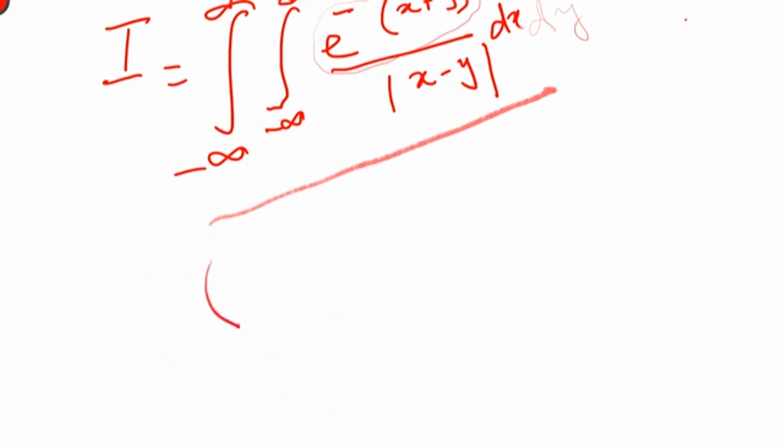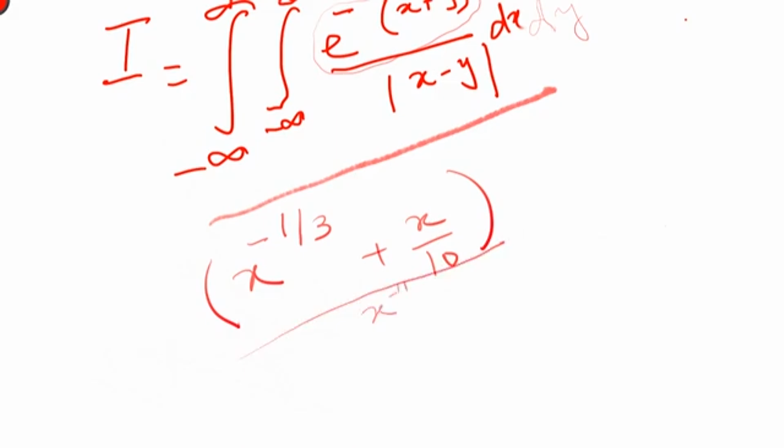The function is of the form x to the power minus 1/3 plus x by 10. If I divide this function by x to the power minus 1/3, what I will get is 1 plus x to the power 1 minus 1/3, that will be 2/3, by 10.